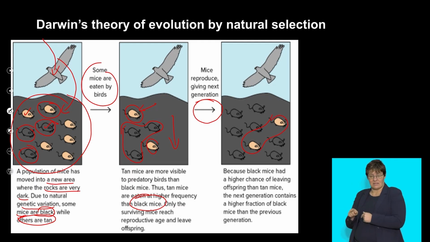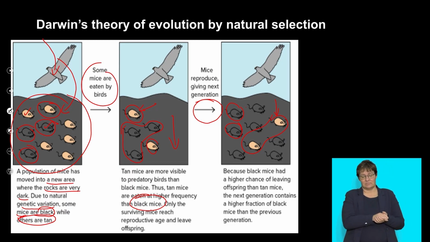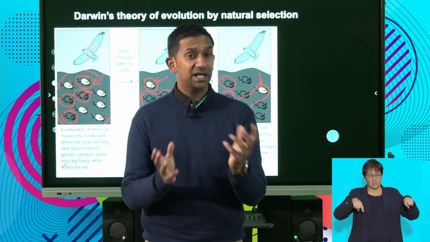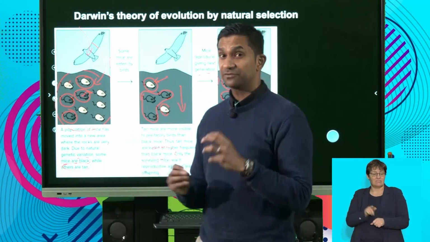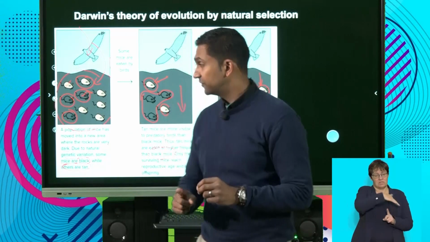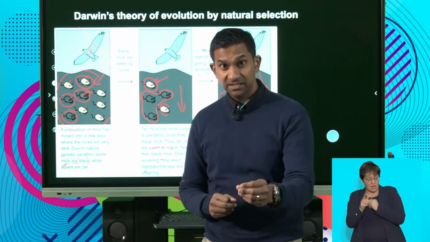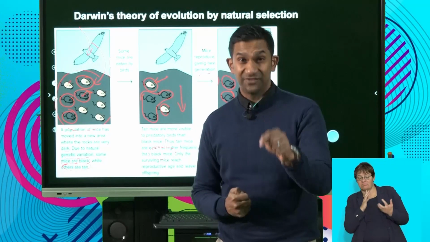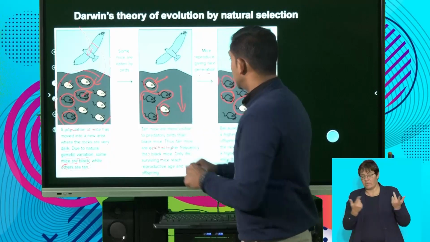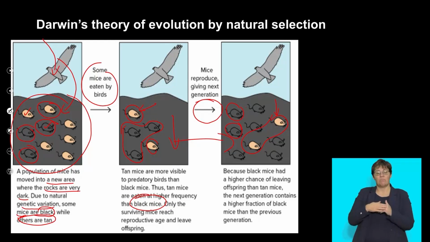Now there is a smaller proportion of light or tan colored mice, and a larger proportion of dark ones. Essentially, through variation that exists in a population and through the selection pressure, which in this case is from the environment, those individuals that have a characteristic that gives them an advantage or allows them to be better suited survive, reproduce, and produce more offspring.